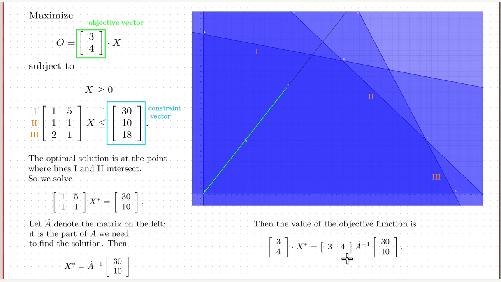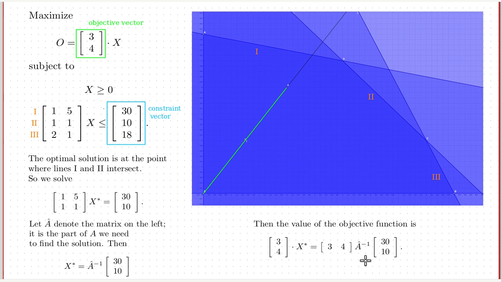An equivalent thing you can do is convert this into a row vector, in other words, transpose it, and then apply matrix multiplication of that row vector times the column vector x star. And so that's how I've written it out here, using ordinary matrix multiplication instead of the dot product, but it's the same thing. It's 3, 4 dotted with this quantity, which we just saw is x star. So this is a formula for the value of the objective function at the optimal corner.